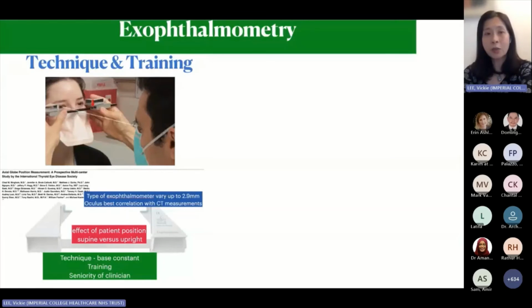So the second endpoint that's widely used is exophthalmometry. This is the measurement of the displacement of the eye forwards, and can be done by the exophthalmometer in the clinical setting, as you can see here. However, the reliability of measurements very much depends on the technique and training of the measurer. It can also vary from exophthalmometer to exophthalmometer.